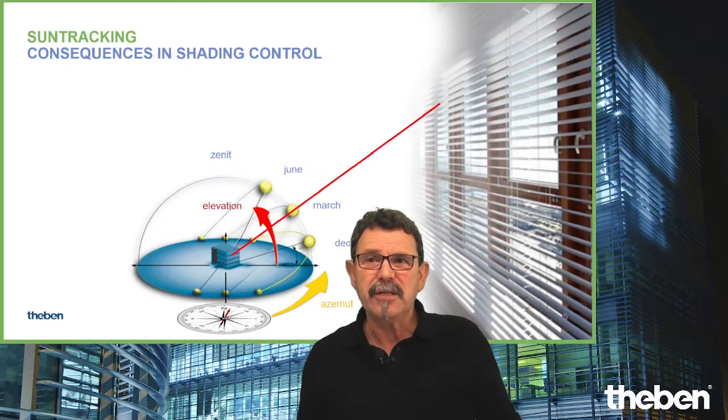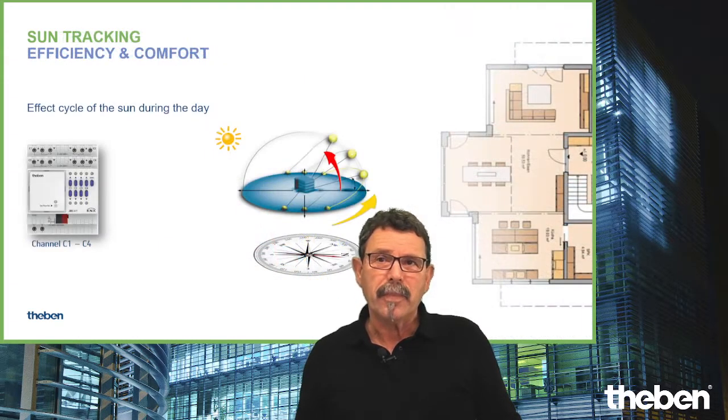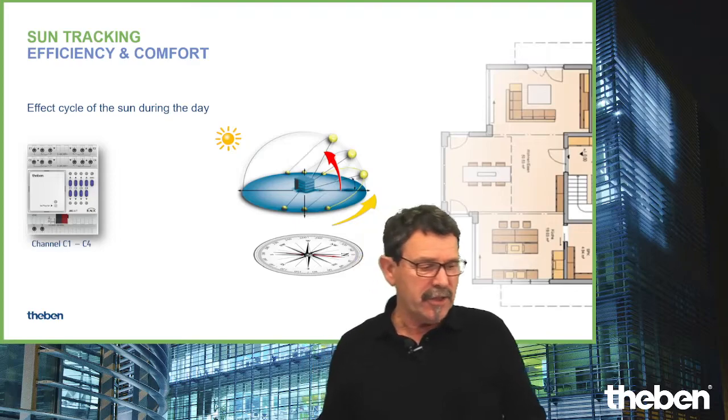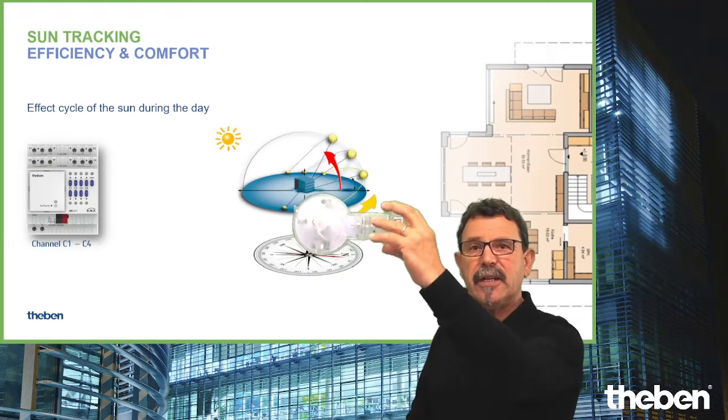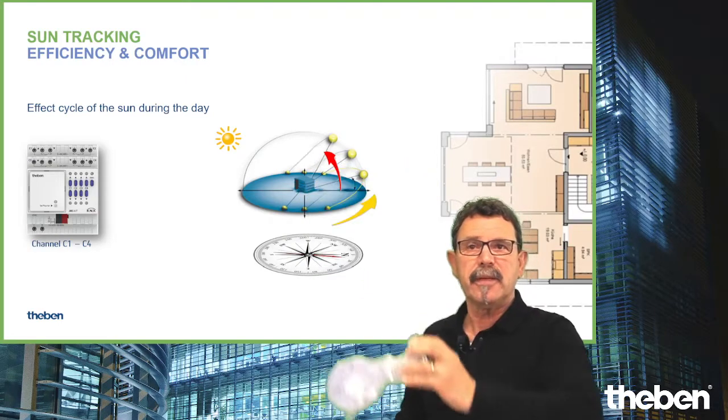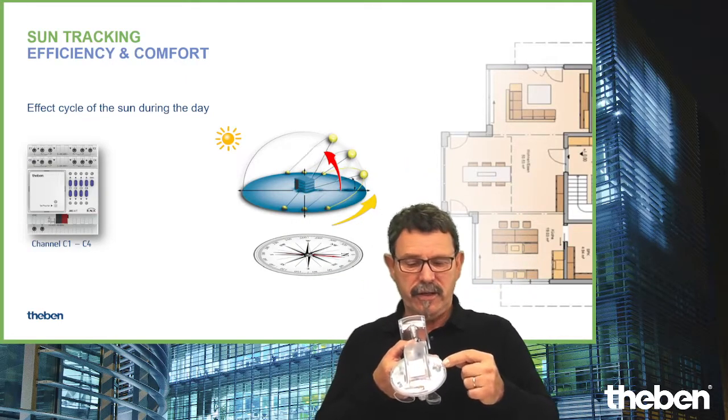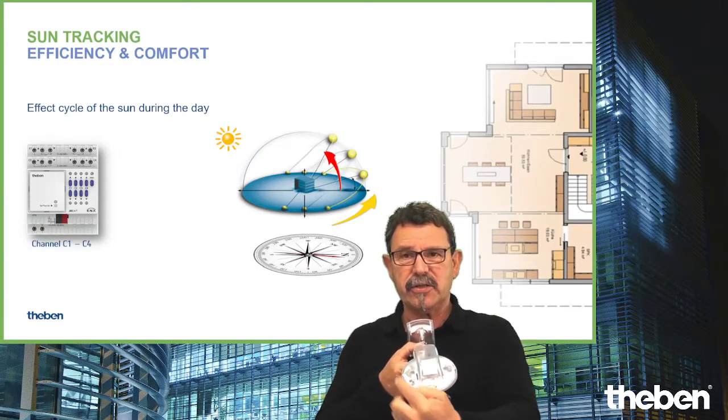So this means finally, we have here the weather station. If you put the weather station exactly at that spot of a building, then we have here 3 different sensors, light sensors.